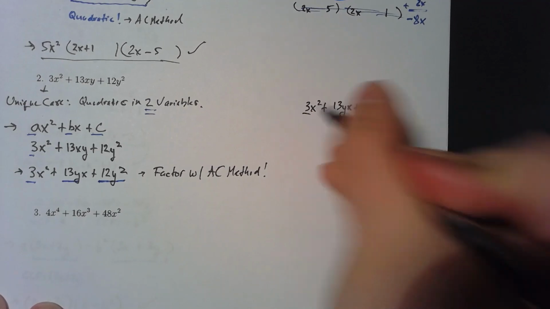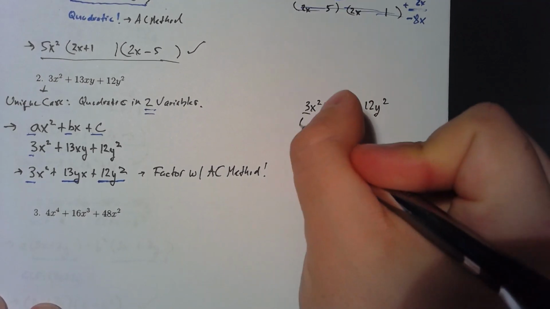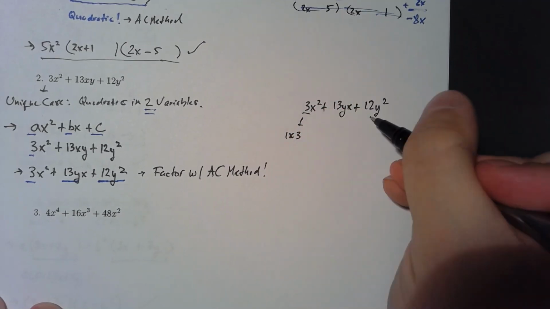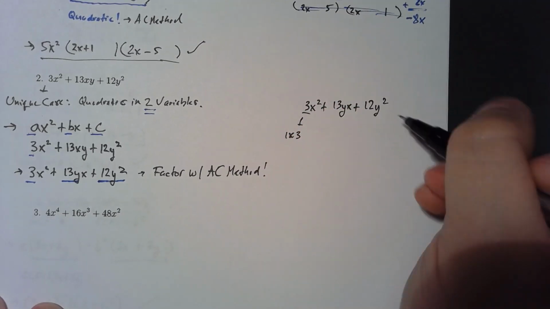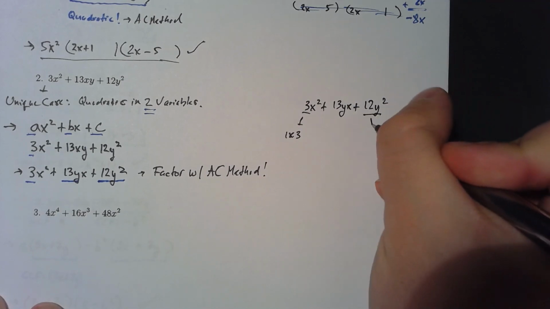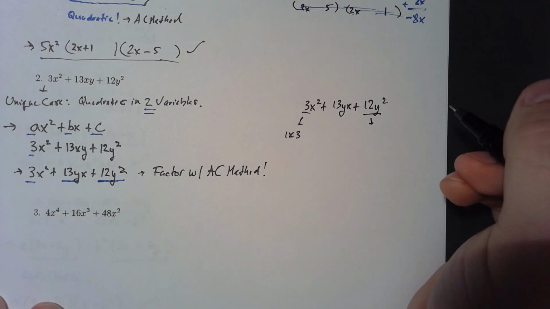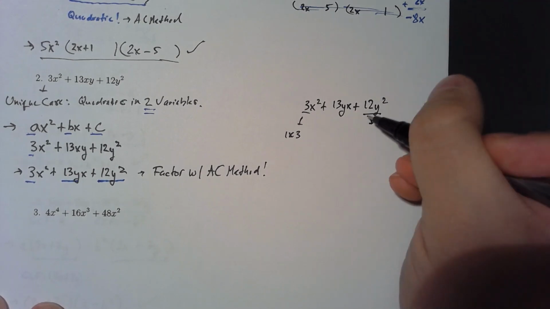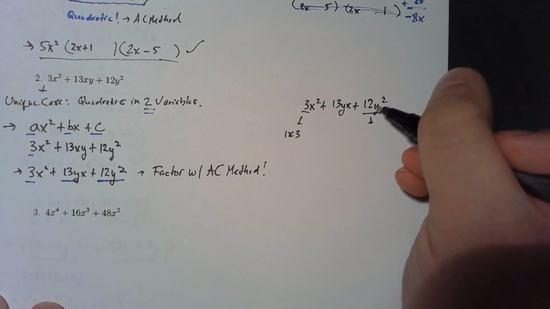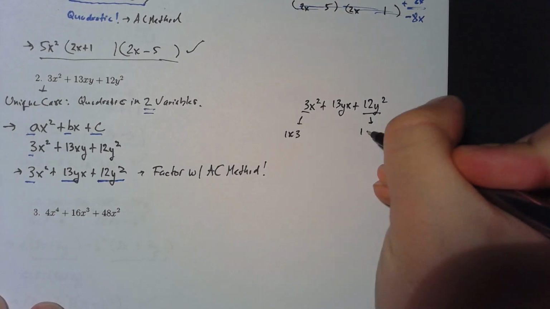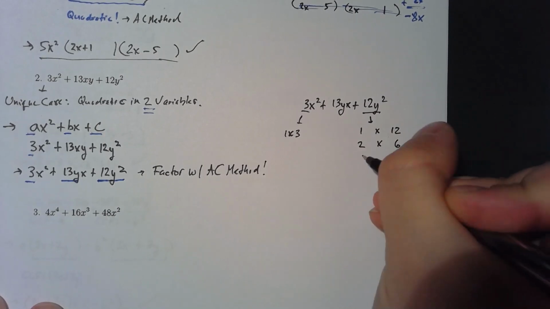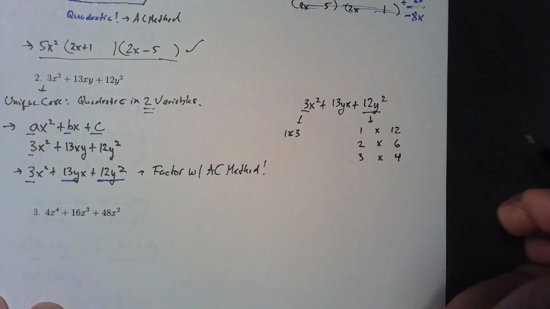So again, what is the coefficient of a here? The coefficient of a here is 3. What are the factors of 3? 1 and 3. Now, because my c here isn't just a number, it's a number and a variable, I'm going to include the whole thing. What are the factors of 12y squared? In order to do that, just look at the number first, and then I could just make each one with a y in it. So, what are the factors of 12? 1 and 12, 2 and 6, 3 and 4.